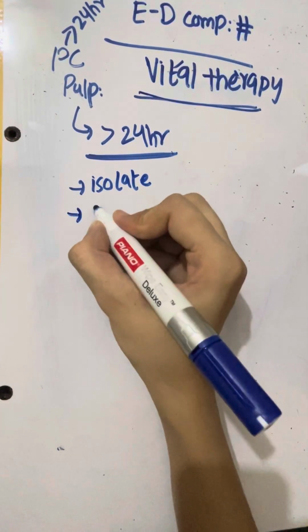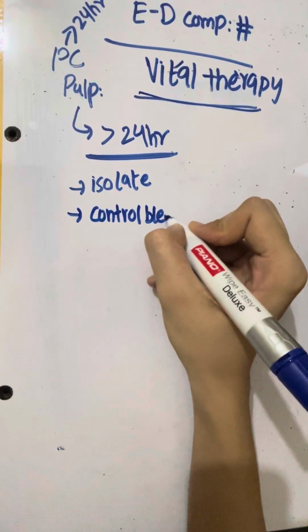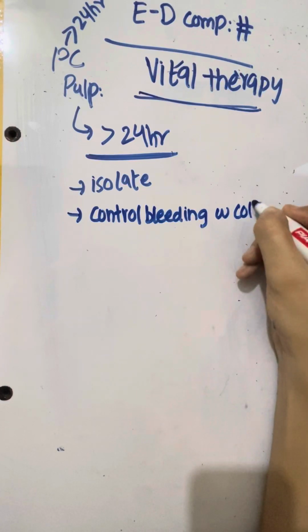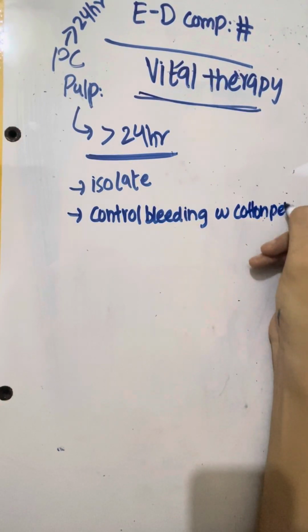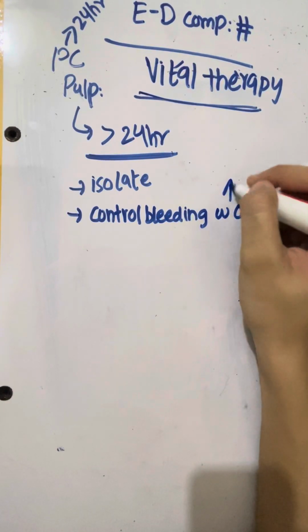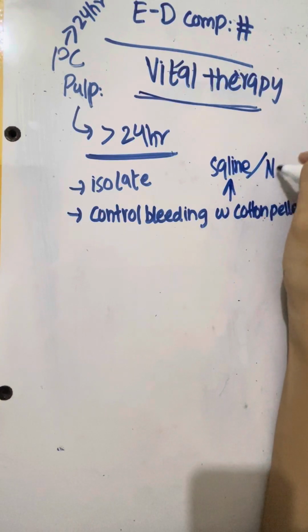We have to control bleeding with a cotton pellet. And this cotton pellet must be moistened with saline or sodium hypochlorite.